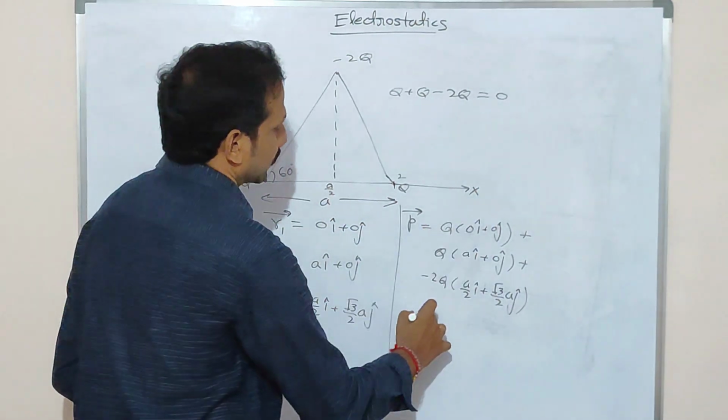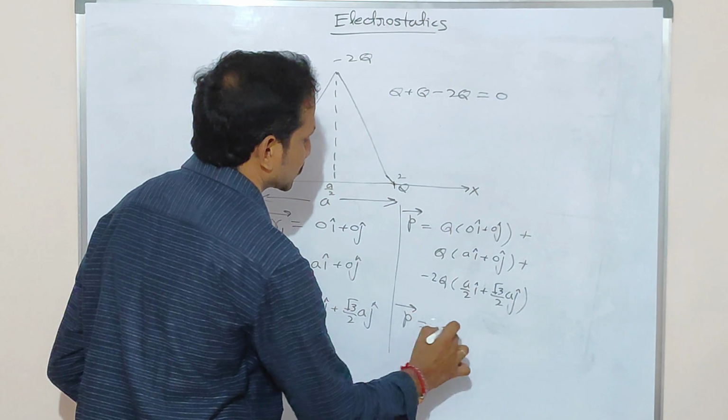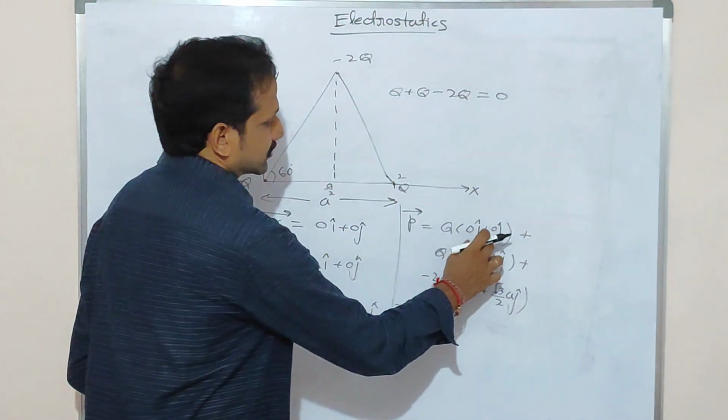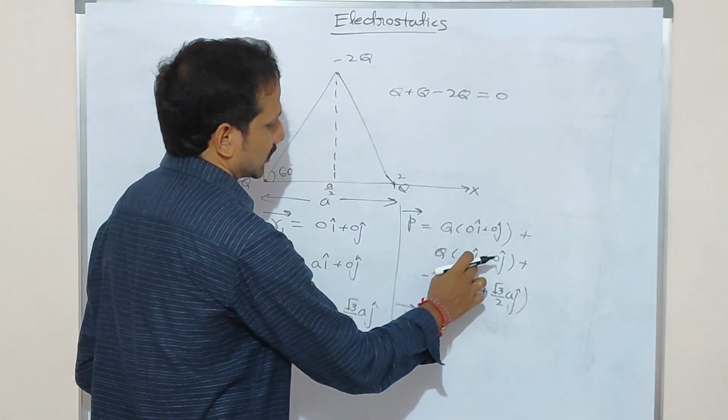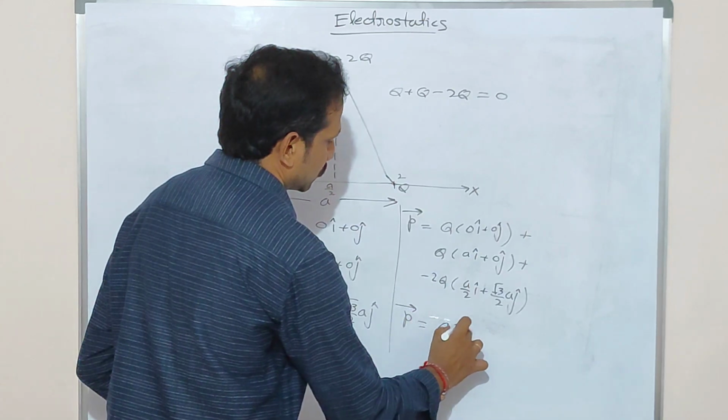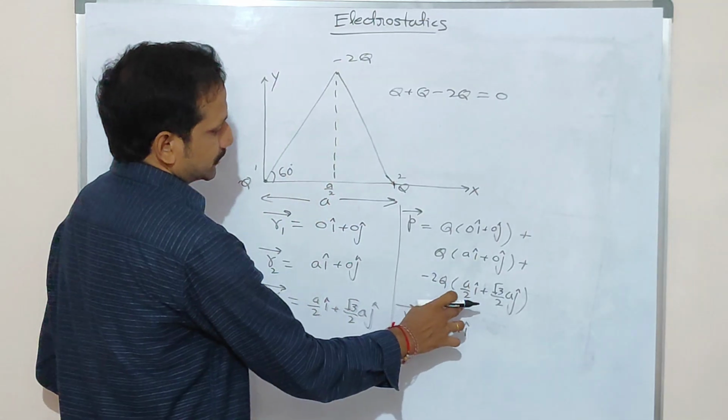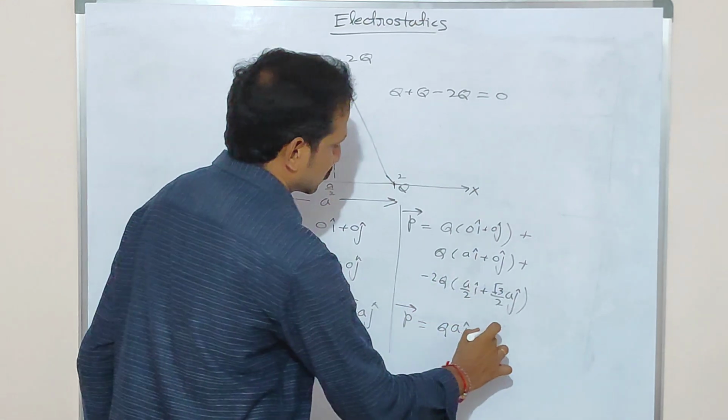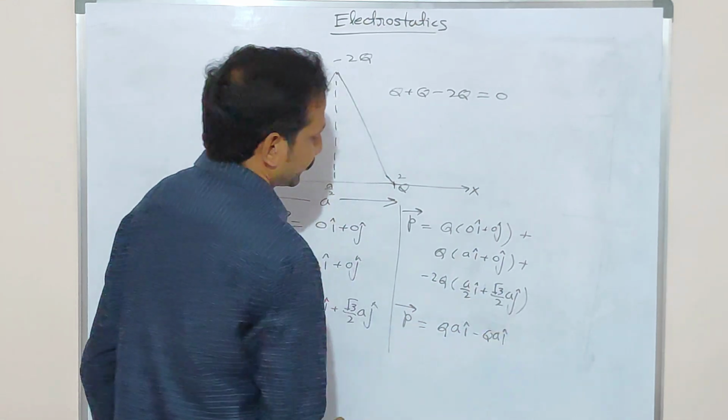If you add all this, you will get the dipole moment. The first term will be 0, the second is q a i cap, and the 2s cancel in the third, so minus q a i cap.